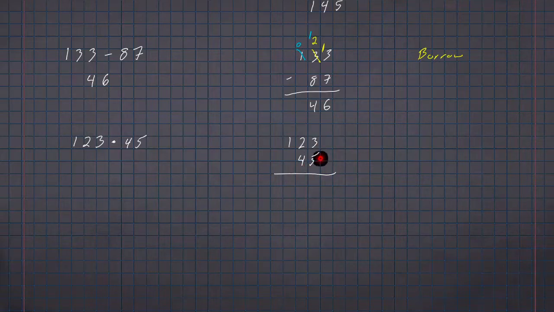I want to take this 5, and multiply it by all of the digits over here. So 5 times 3 is 15. I write down the 5, and I carry the 1. 5 times 2 is 10, and add the 1 I carried to get 11. I write down a 1, and I carry a 1. 5 times 1 is 5, and I add 1 to that, which gives me 6.